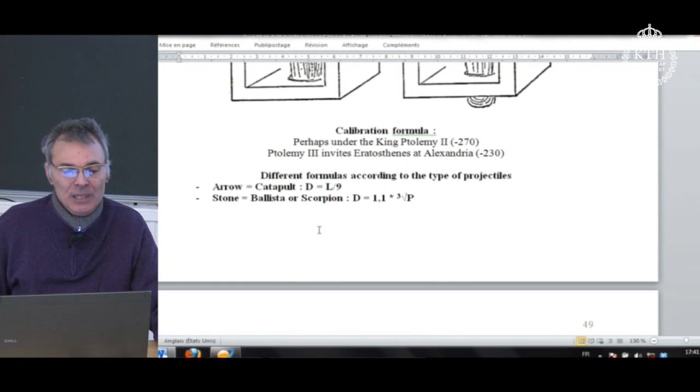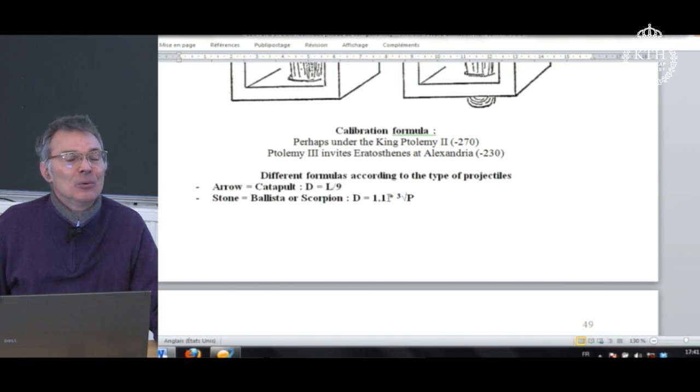So in the war machine, if you want to project an arrow, the diameter of the spring is to be 1/9 of the length of the arrow. And if you want to project a stone, the diameter is to be 1.1 multiplied by the cubical root of the weight of the stone you want to project.